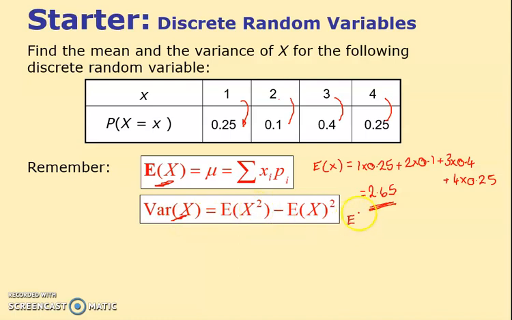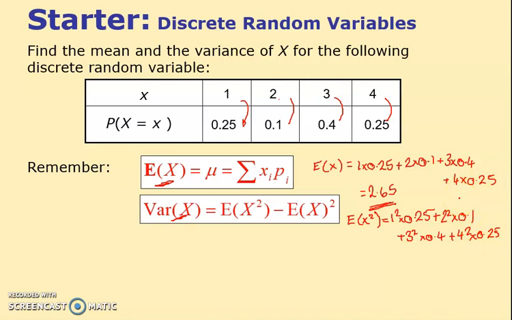So to get E of x squared, which I have to do first, I do not just 1, I do 1 squared times that number, because it says x squared, plus 2 squared times 0.1, plus 3 squared times 0.4, plus 4 squared times 0.25. So you'll notice the probabilities don't change, but the x values do.